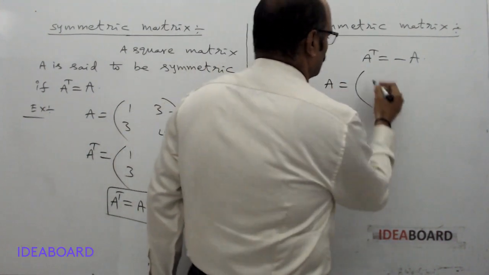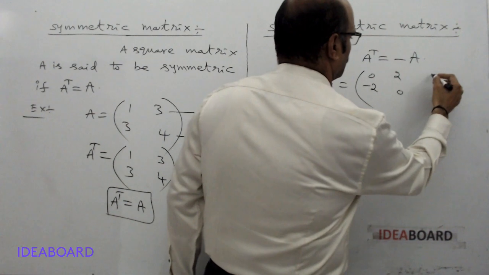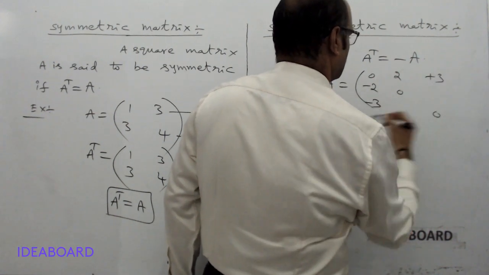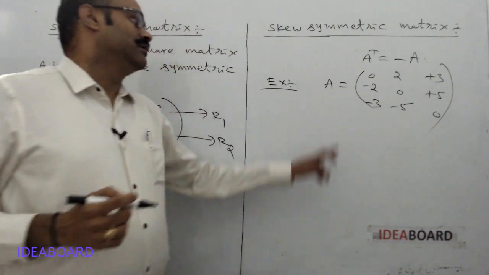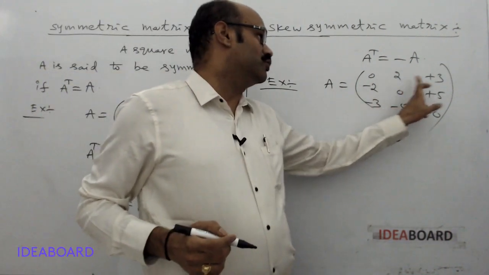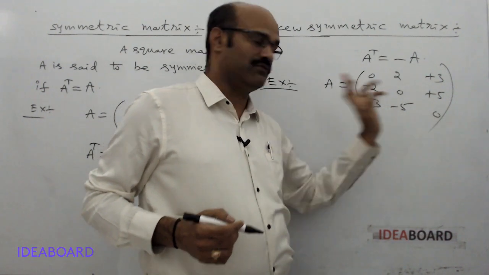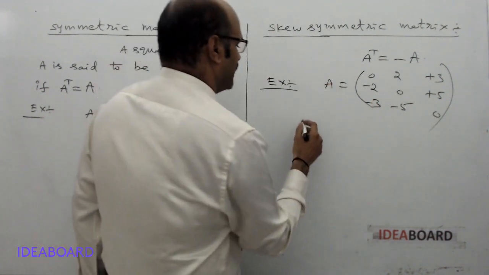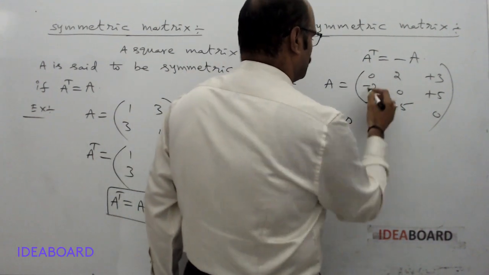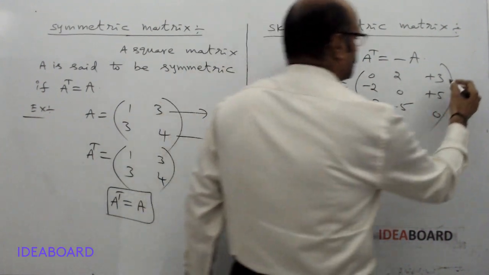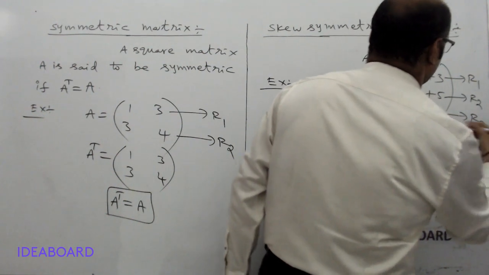Example, A equal to 0, 2, 3, minus 2, 0, 5, minus 3, minus 5, 0. Now, A transpose equal to, here you take it as R1, R2, R3.